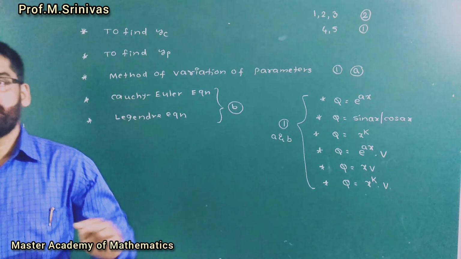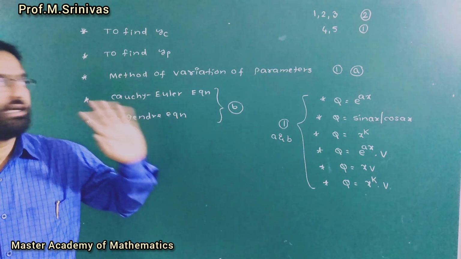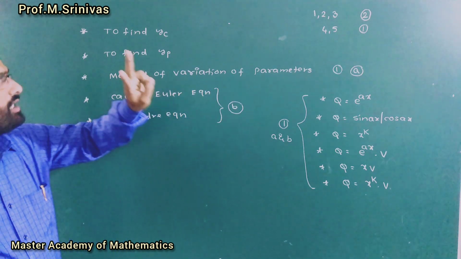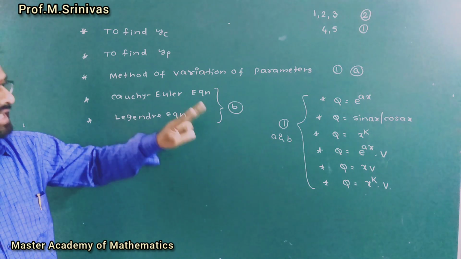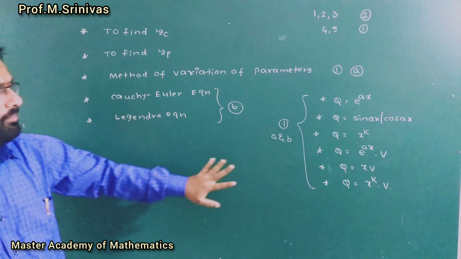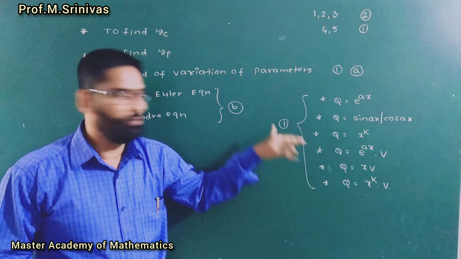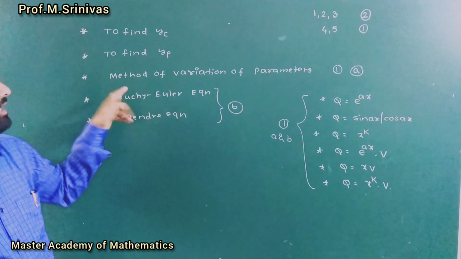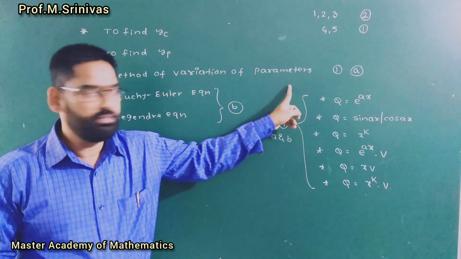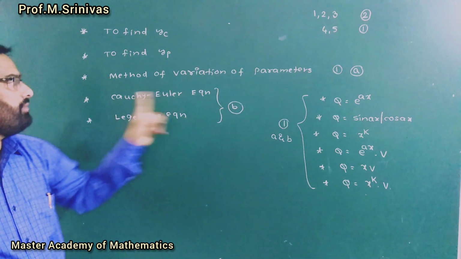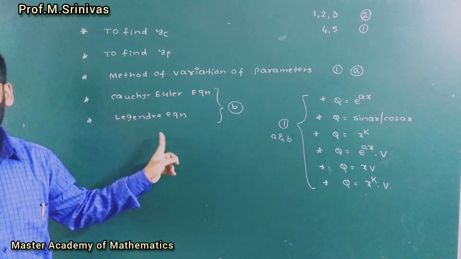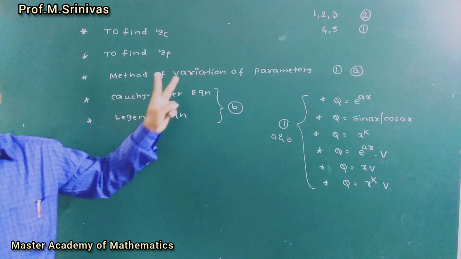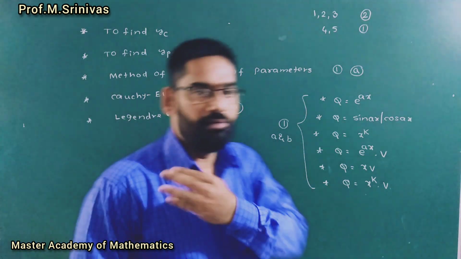In the second unit you are expecting only 2 problems, which can be expected from among these 6: 1 problem with A and B bit. The second problem has A bit from the method of variation of parameters and B bit from the Cauchy-Euler equation and Legendre equation. So overall you are expecting 2 problems from the second unit using these important topics.